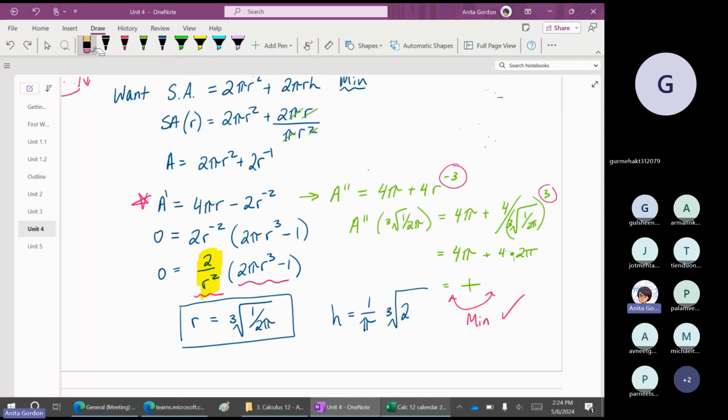Okay, I skipped too many steps. 1 over the cube root of 1 over 2 pi squared. So this is like saying the cube root of 1 over 2 pi to the -2.